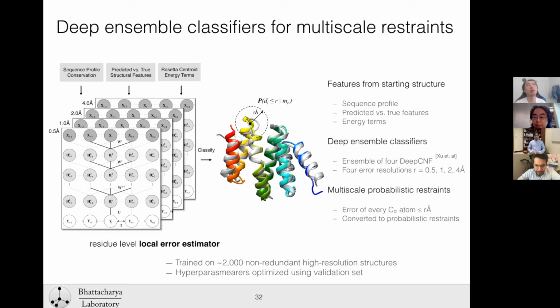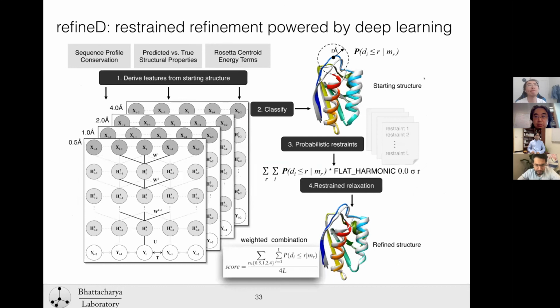Each of these classifiers is trained on 2000 non-redundant high-resolution structures, and we optimize the hyperparameters using an independent validation set. Here's the overall flowchart of the ReFOLD-D restrained refinement method. Again, we predict the error restraints using the ensemble of deep CNF classifiers.